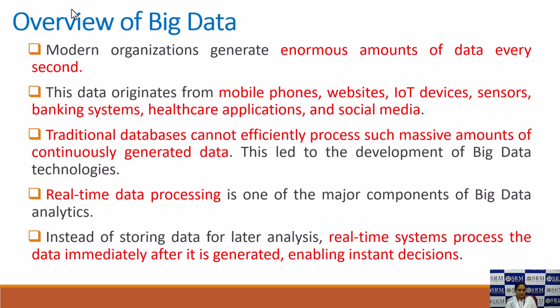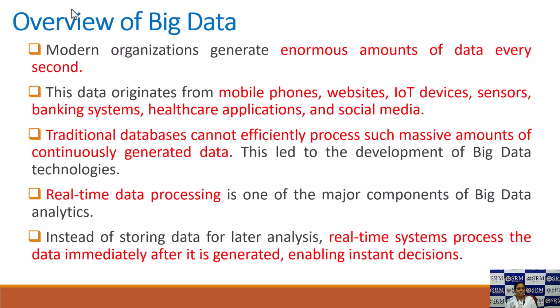That's why I have mentioned it here. Traditional databases cannot efficiently process this massive amount of data, and that too, it is continuously getting generated. That is the reason big data technology is required. Also, sometimes when data gets generated, it has to be immediately processed. For example, in case of a weather report, it has to be immediately processed.